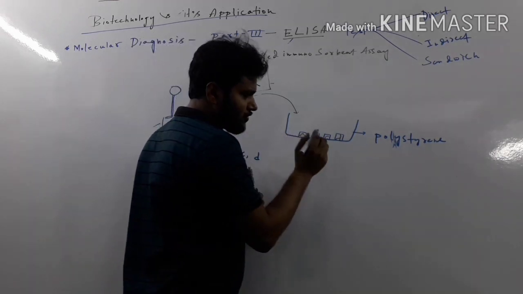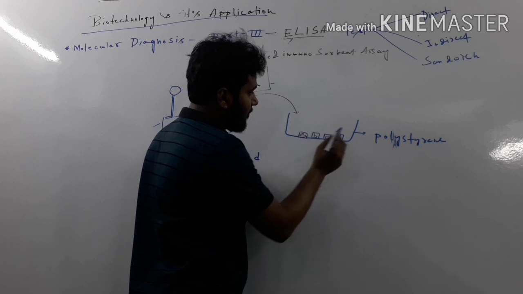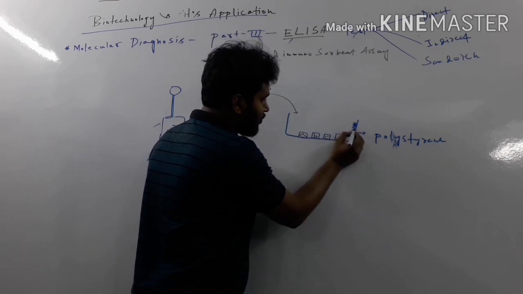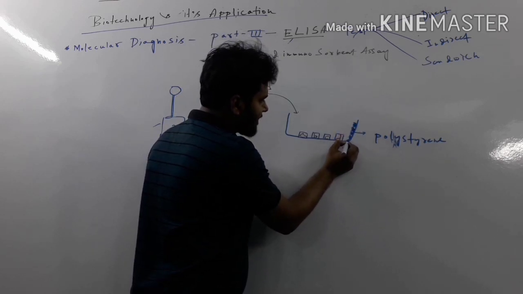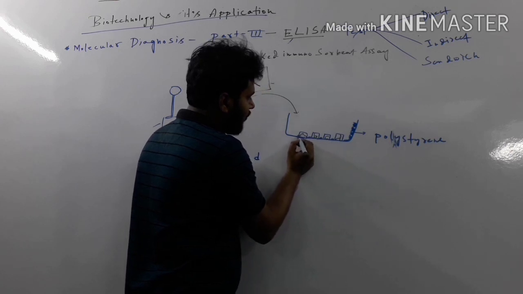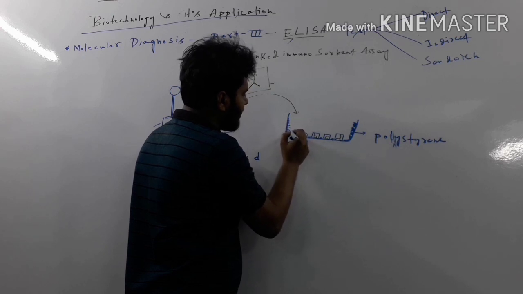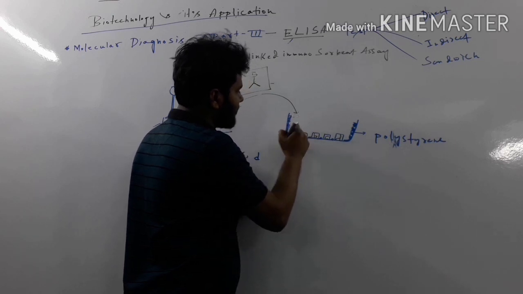First, we have to use a special blocking agent, which will block all the surfaces of the polystyrene ELISA plate where antigen is not attached. So we will use a blocking agent. What is a blocking agent?